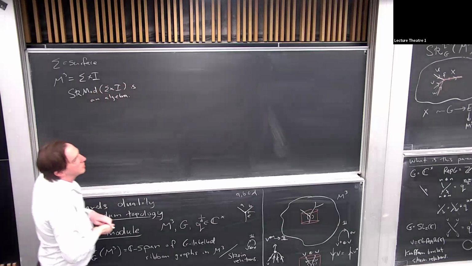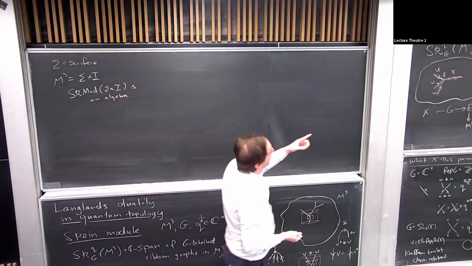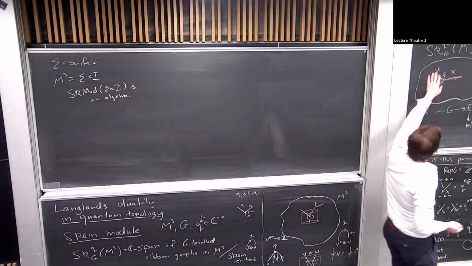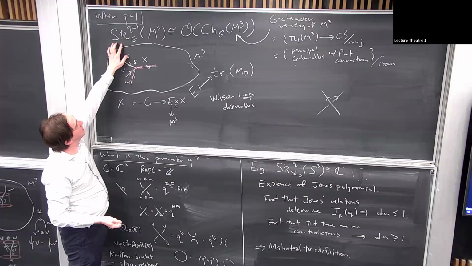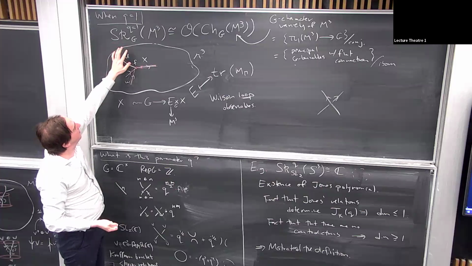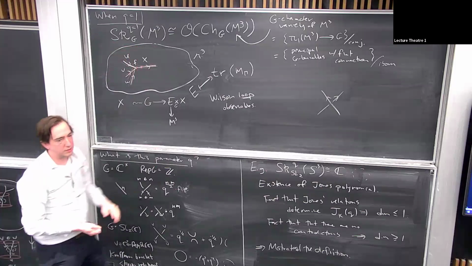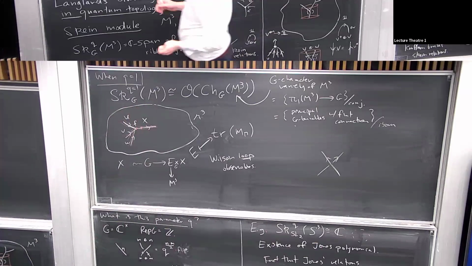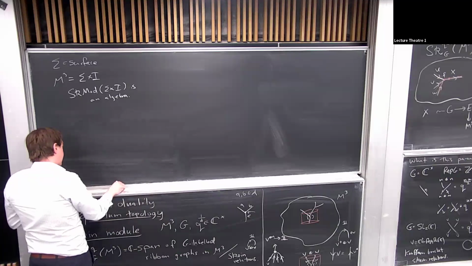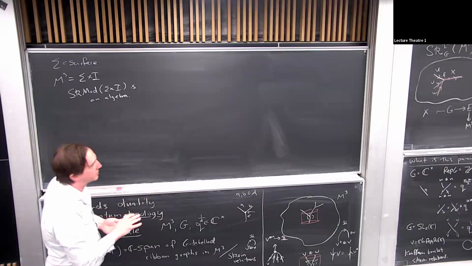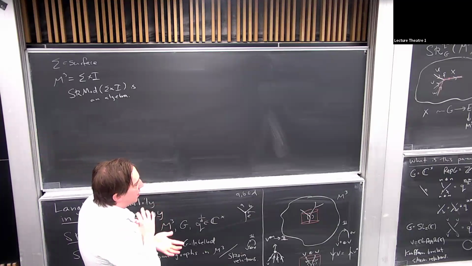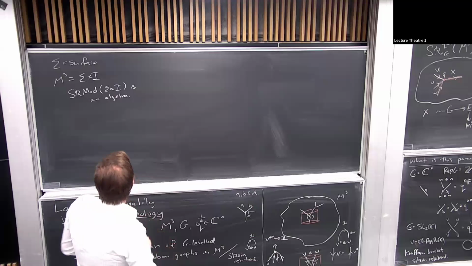But you wouldn't really expect this thing to deform to an algebra. I'll say a little bit more about this later. It's not just that we don't know how to do it. There's a good reason to think that it's not quite an algebra.